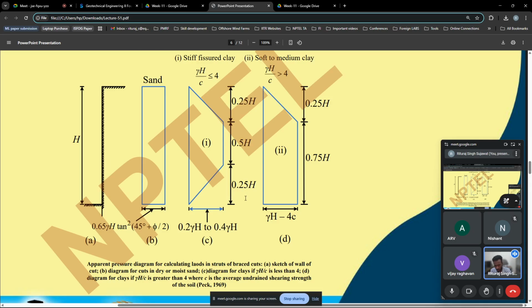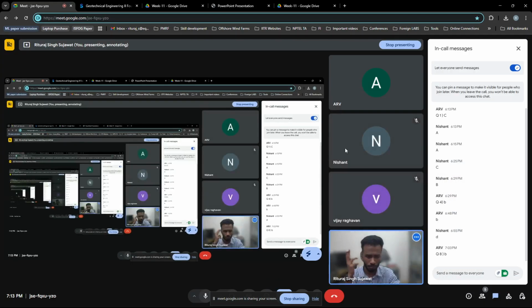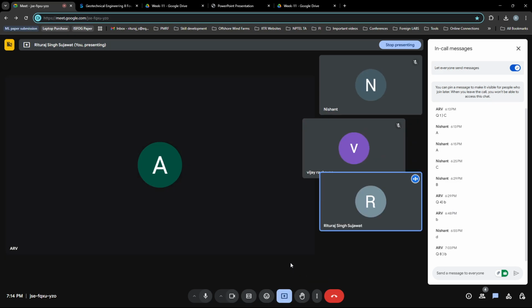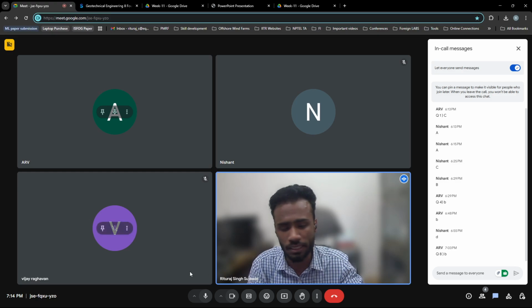So let's say usually we are having the whole strength available for the deep excavation. At the bottom, something is written also. You can check, sir, that apparent pressure distribution diagram. It is recommended by Peck and somebody. So I guess this is the particular trend which they have observed, might be in the field investigation or in numerical modeling, or maybe in the code they are suggesting that you should underestimate the load and the pressure which is coming from the soil.